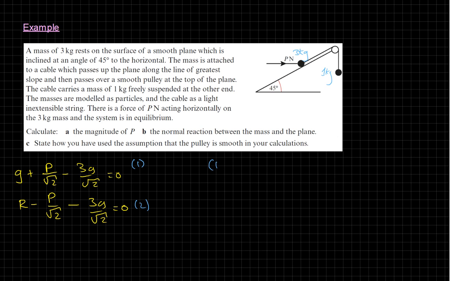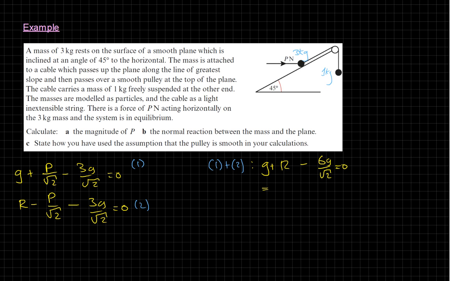If I add the two equations together, so add together both sides of both of them, this and this will cancel. These will just double up, and I'll have a g and a plus R. So we'll have g plus R minus 6g over root 2 equals 0.